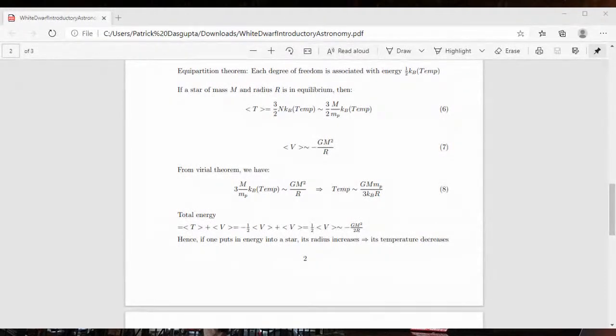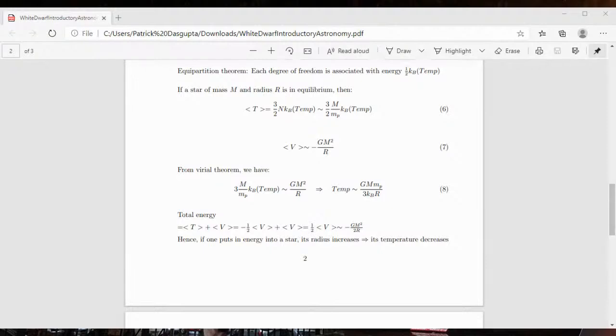As long as the core is still very hot, the remnant heat, because once the nuclear fusion stops, no new energy is being generated, and therefore one has to find out what is the time scale over which the remnant heat of the core decreases, so that the core is no longer able to support itself against its gravitational collapse.